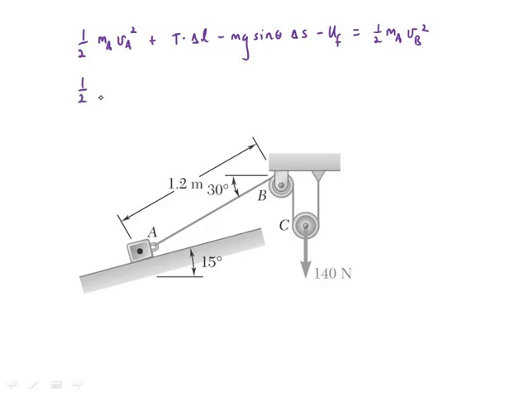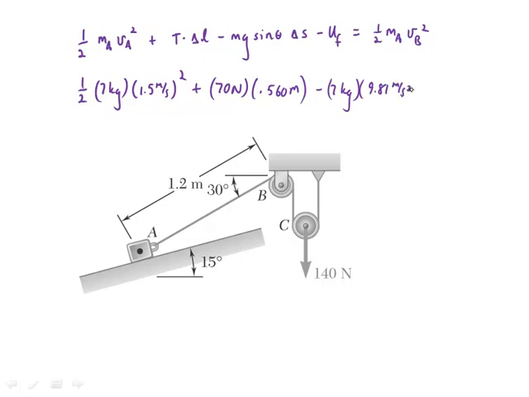So that's 1/2 times 7 kilograms times 1.5 meters per second squared, plus 70 newtons times 0.560 meters minus 7 kilograms times 9.81 meters per second squared times sine of 15 degrees times 0.6 meters, minus U due to friction equals 1/2 times 7 kilograms times 3 meters per second squared.